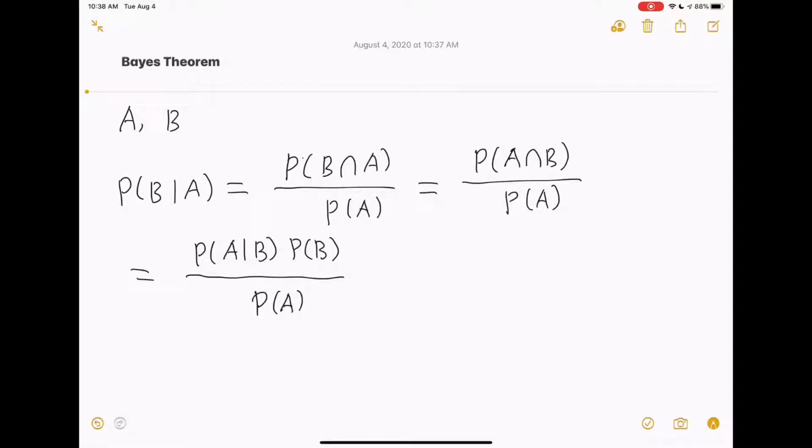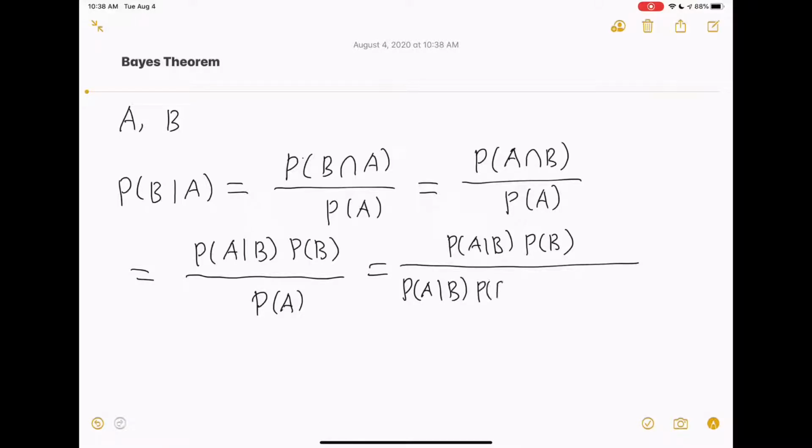For the denominator, we can go a bit further using the law of total probability. Let's copy the numerator. P of A given B multiply P of B. The denominator is also equal to P of A given B multiply P of B plus P of A given B complement multiply P of B complement.